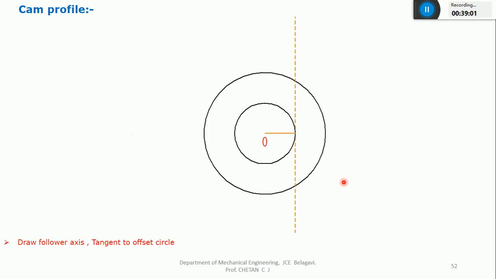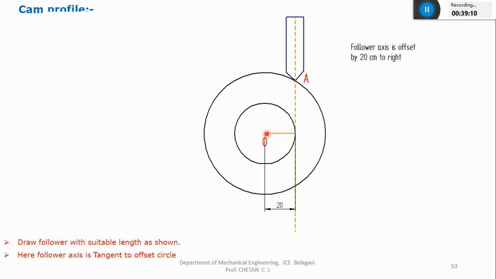Just draw one vertical line, which has to be tangent to this offset circle, and this is nothing but the axis of the follower. If you want, you can draw one more dotted line passing through the center of the circle. And you can see there is an offset of 20 mm.